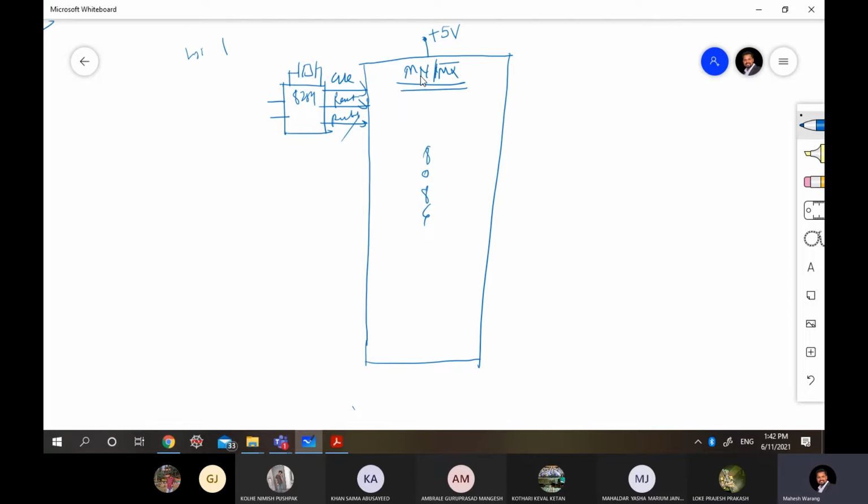Why I'm saying this, because this is important: if it is connected to the 5 volt, then the 8 pins which we saw separately specified will be acting in minimum mode, meaning they will do the function of HOLD, HLDA, WR, then M/IO bar and all. So those pins will come in picture. And if I connect to the ground, now the 8 pins will be acting like request, grant, then lock, S2, S1, S0, etc. Fine.